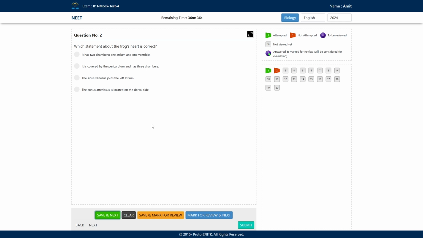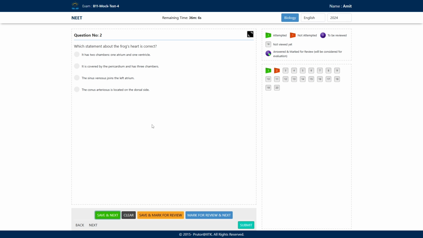And fourth, the conus arteriosus is located on the dorsal side. The heart of a frog is three-chambered, not two-chambered. So according to option B, it is covered by the pericardium and has three chambers.